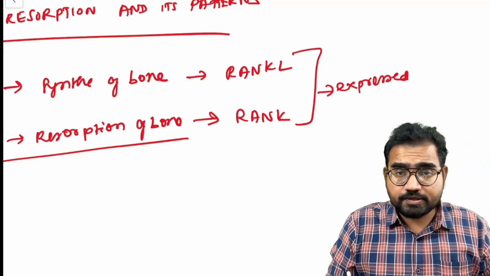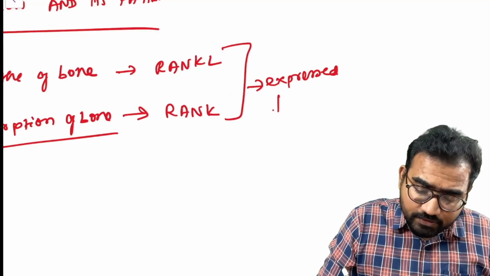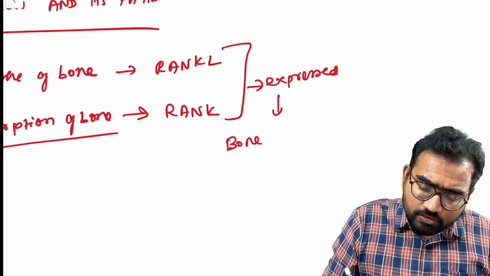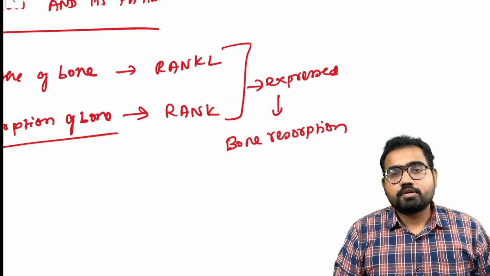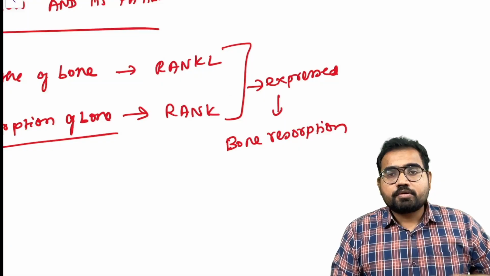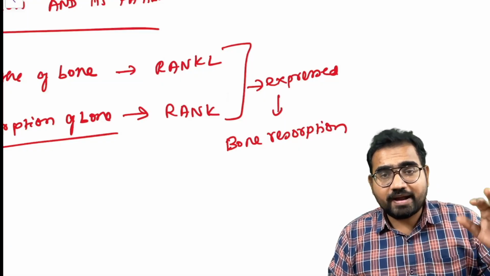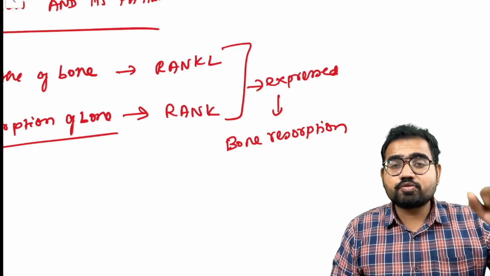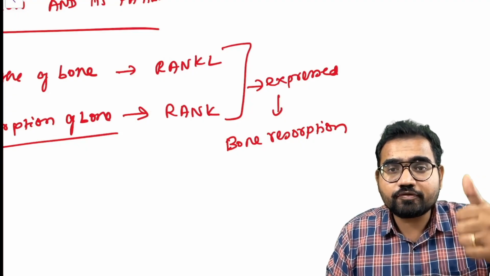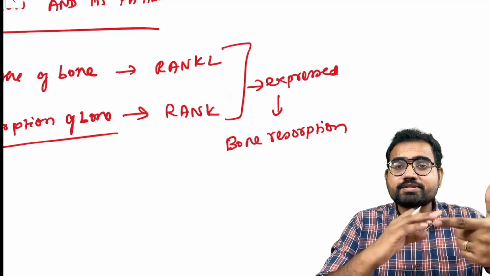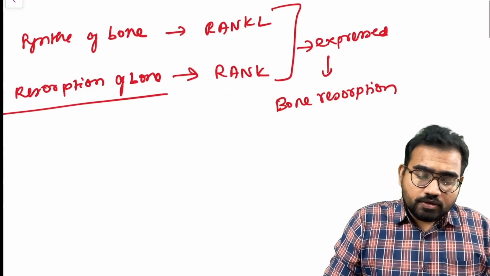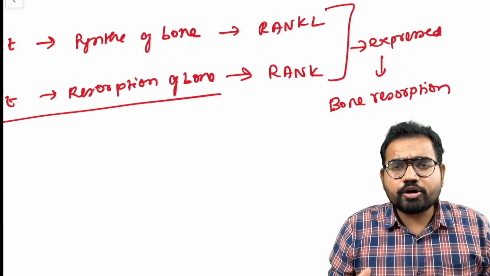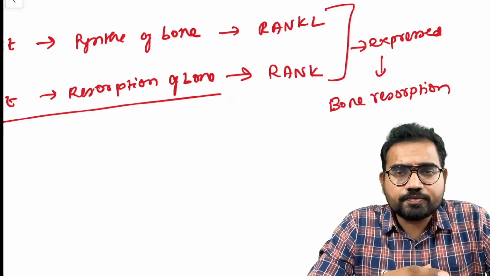Normally they are not expressed. When they are expressed, that is going to result in bone resorption. So whenever there are factors or mediators that increase the expression of RANKL, that is going to result in bone resorption.